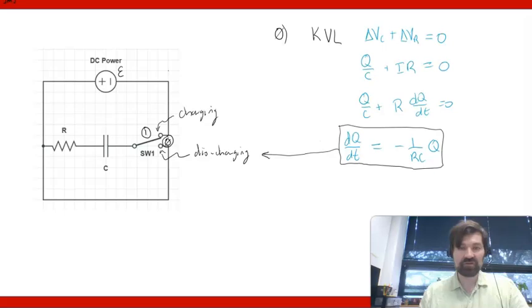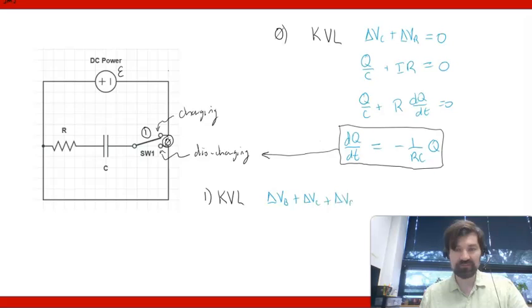Now the charging case. If I apply that same loop rule, what I will now have is the voltage drop due to the power supply or battery plus the voltage drop from the capacitor plus the voltage drop from the resistor is 0.